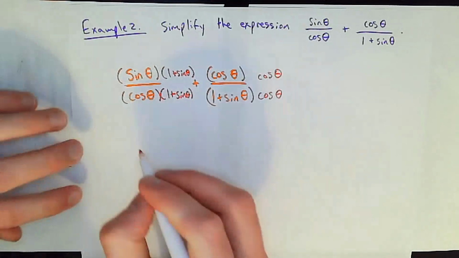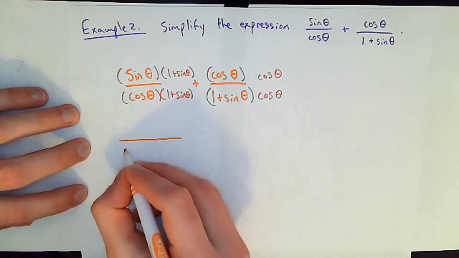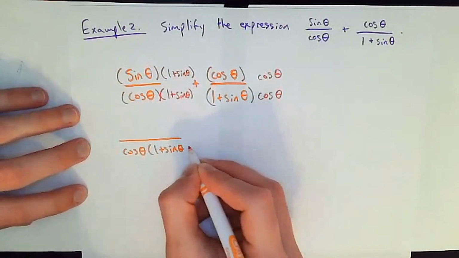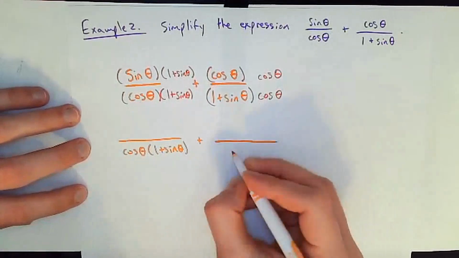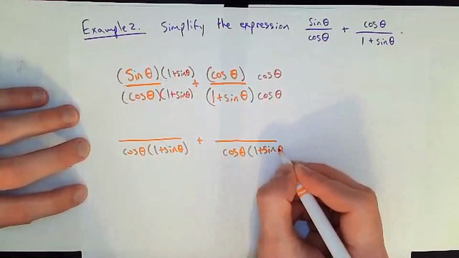So now my new denominators will be cosine theta times 1 plus sine theta. And should be the same over here, cosine theta. So they're common denominators now.